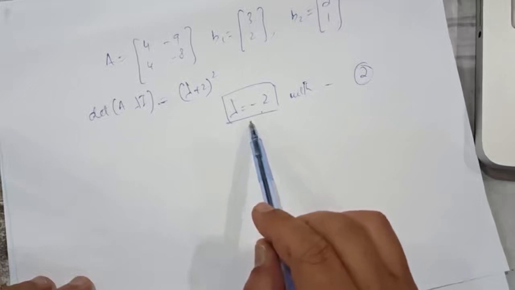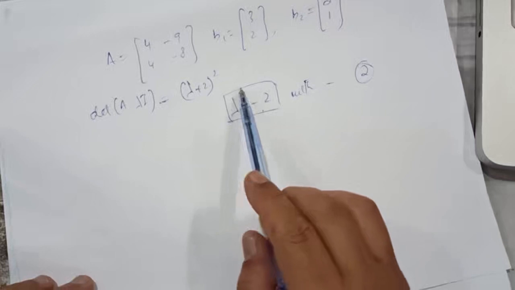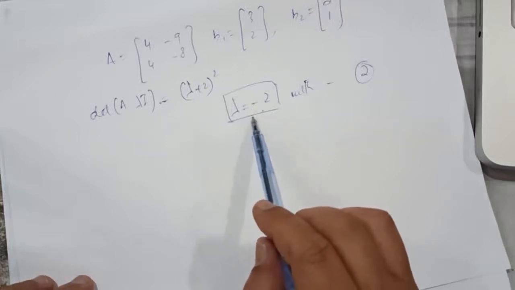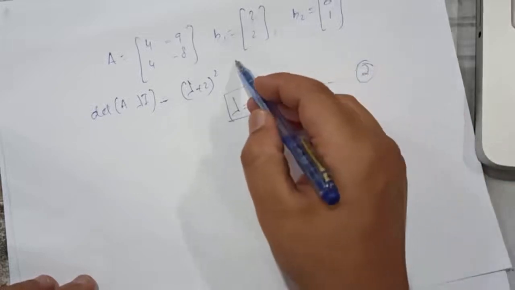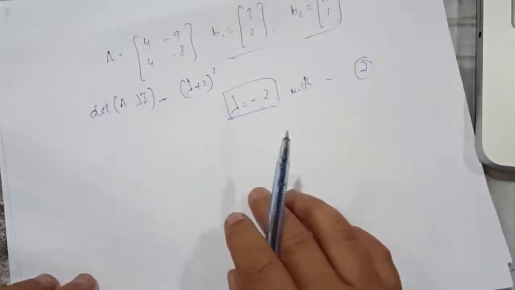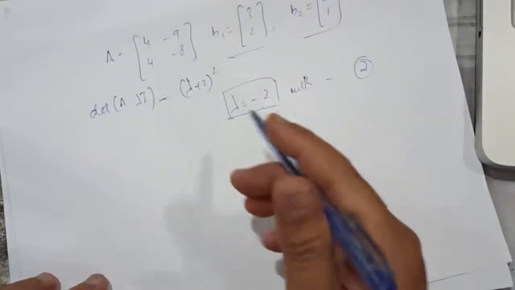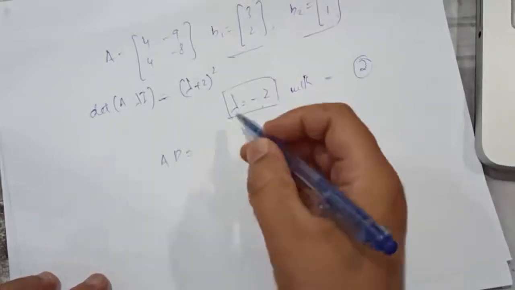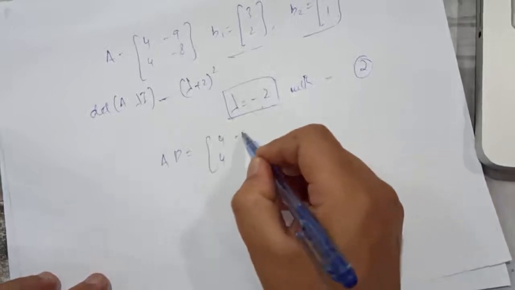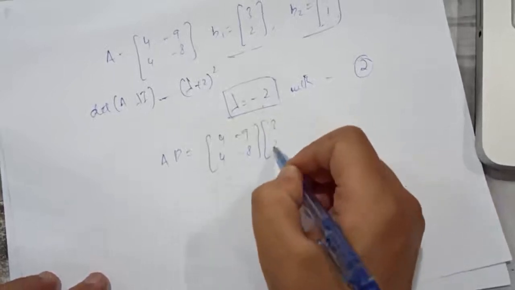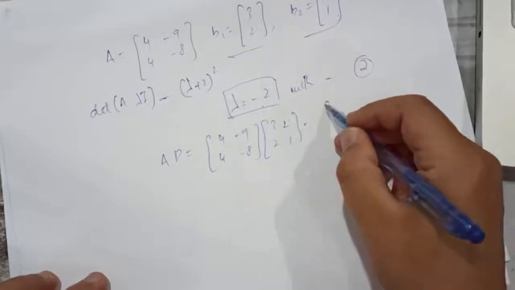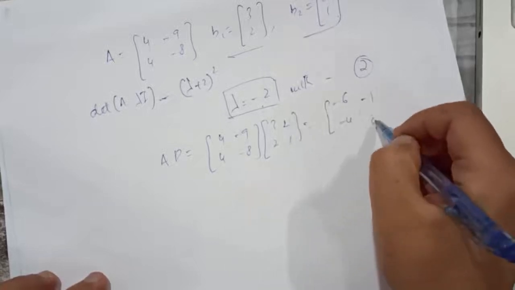So here we cannot use the similarity transformation, but we've been given beta 1 and beta 2, the basis vectors, so we can use those to first find the images, which is AP as 4, 4, minus 9, minus 8, times 3, 2, 2, 1, giving minus 6, minus 4, minus 1.